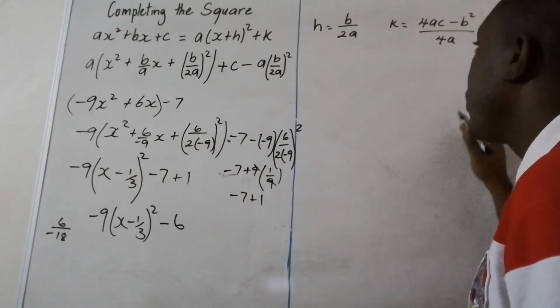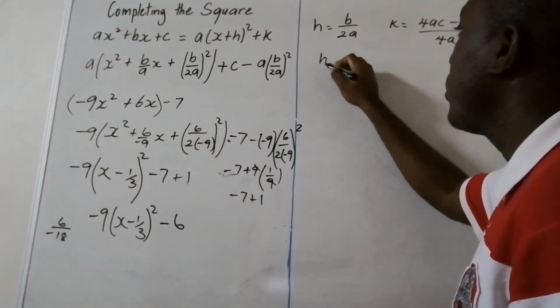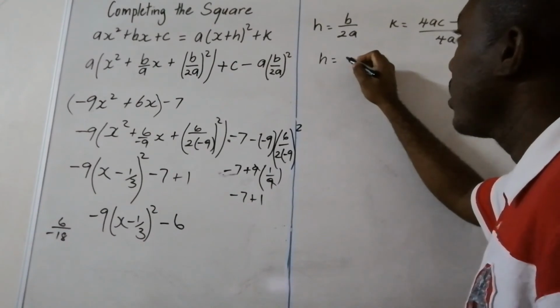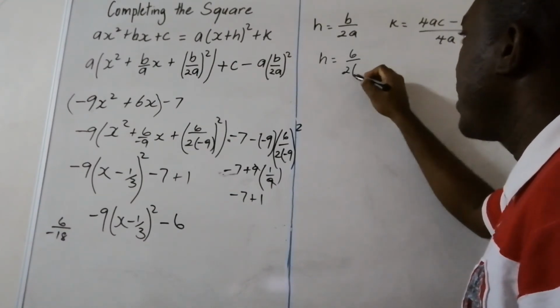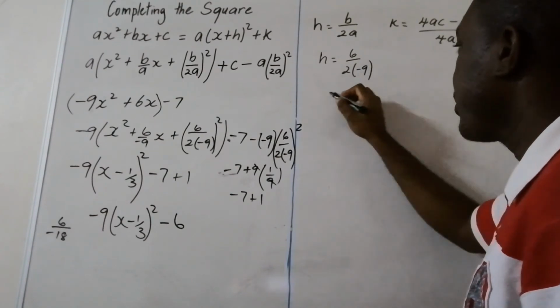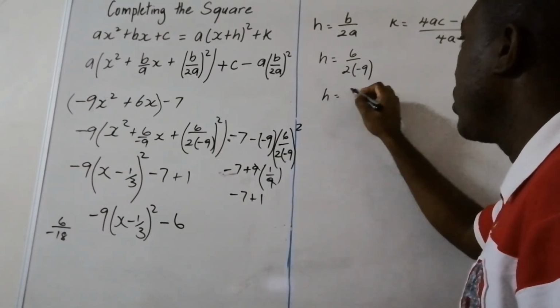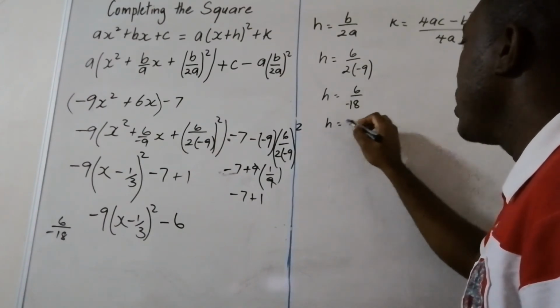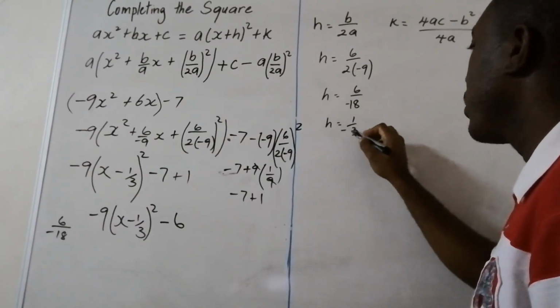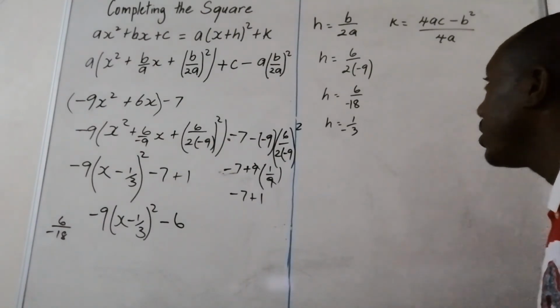So what is h equal to? h is equal to b, which is 6 over 2 times minus 9. h is equal to 6 over minus 18. h is equal to minus 1/3. So we found what h is equal to.